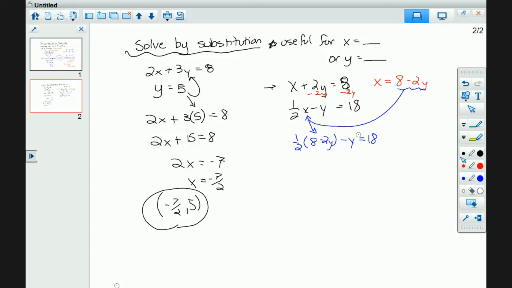Distribute the half, you get 4 minus 1y minus y equals 18. So 2y equals 14. David, y is 7.